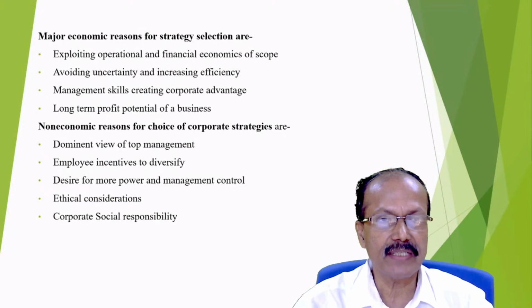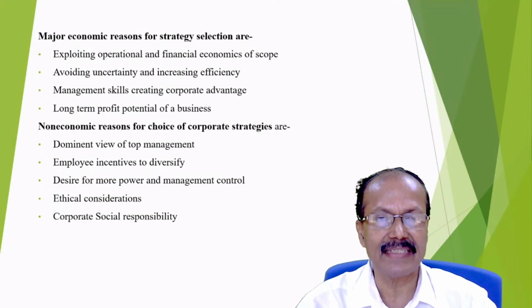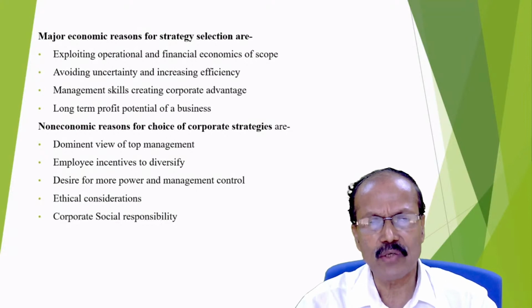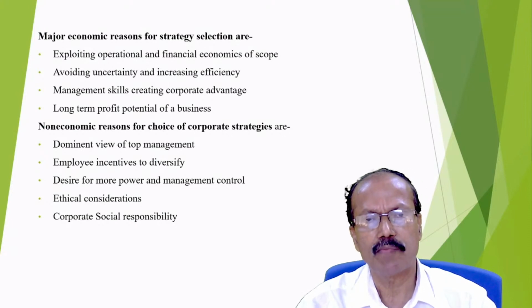The major economic reasons for strategy selection are exploiting the operational and financial economies of scope, because that is utilizing its existing infrastructure. A company is planning to do more business.